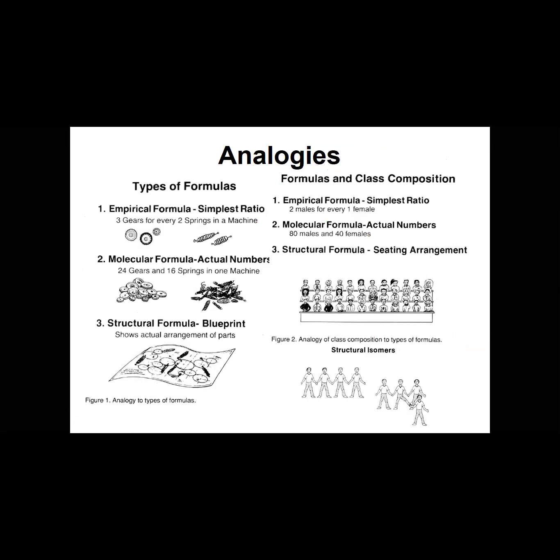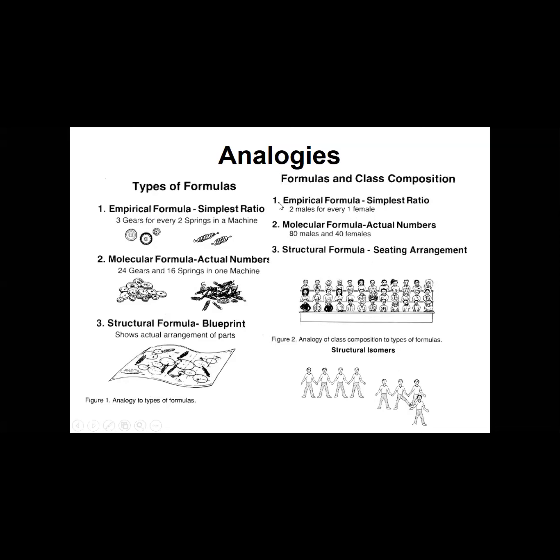And then other stuff here, like the difference between the empirical formula, which is the simplest ratio, the molecular formula, the actual number of atoms in a given molecule, and the structural formula, which is how your atoms are arranged. The way they look at this in terms of machine and class: for the empirical formula, the machine has 3 gears for every 2 springs.